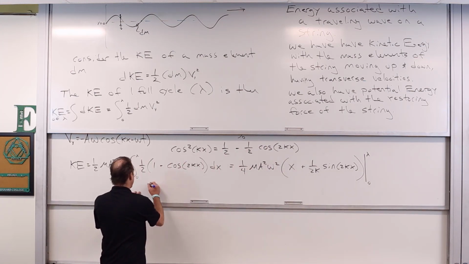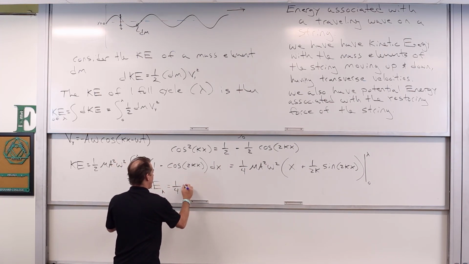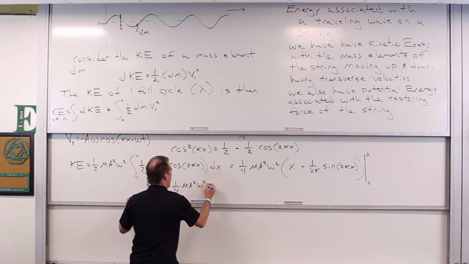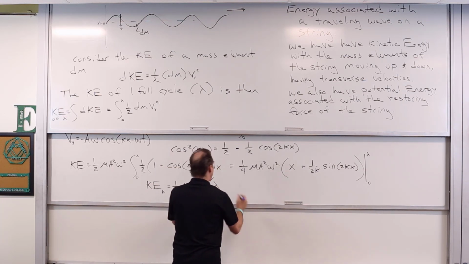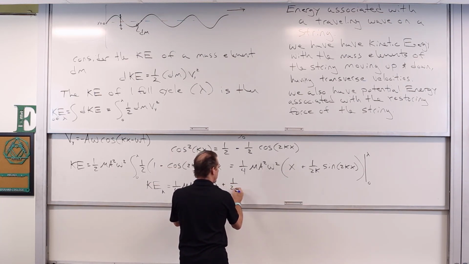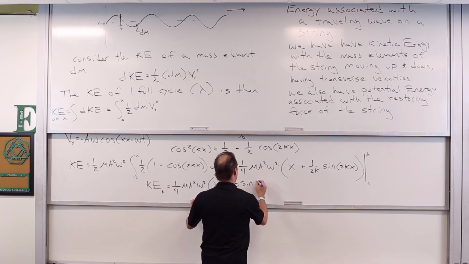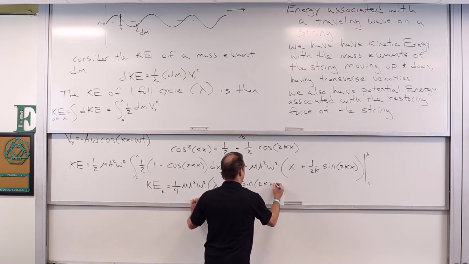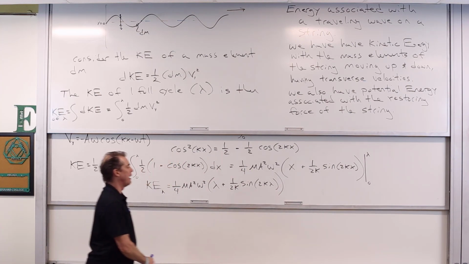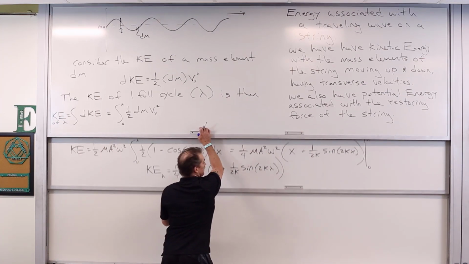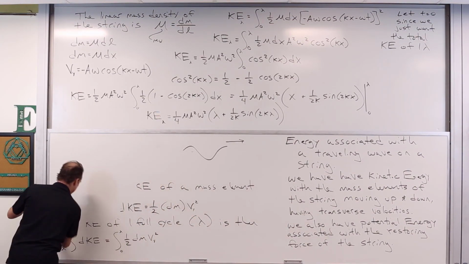So we can write that the kinetic energy of one wavelength is equal to 1/4 mu a squared omega squared multiplied by lambda plus 1/2k times the sine of 2k lambda. So what is the sine of 2k lambda? Well, let's move this all down and see what that is.